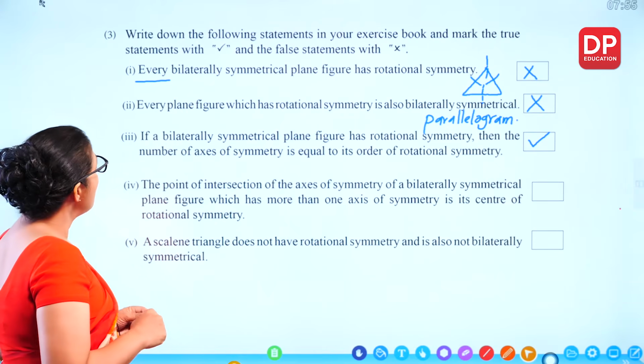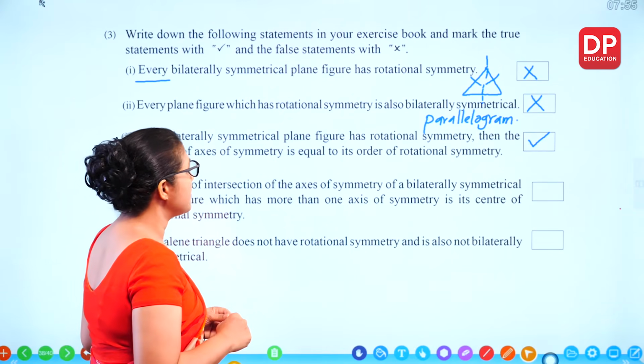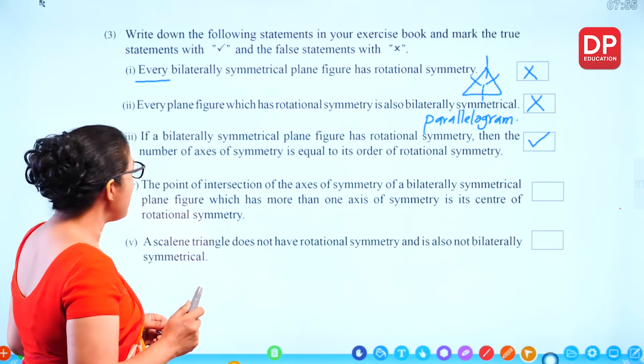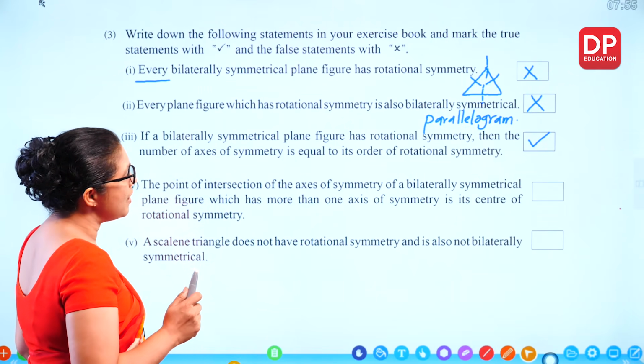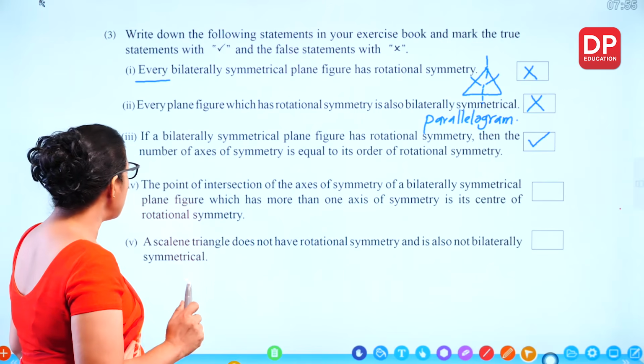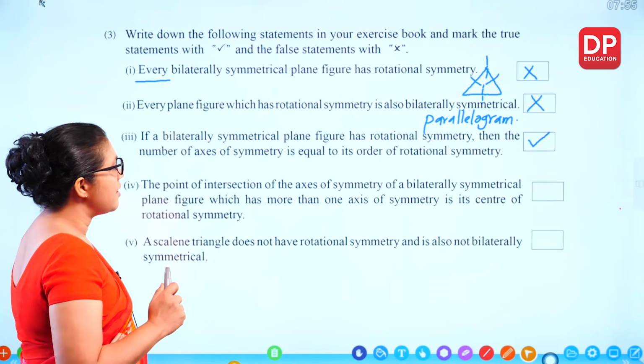Fourth one: the point of intersection of the axes of symmetry of a bilateral symmetrical plane figure which has more than one axis of symmetry is its center of rotational symmetry.